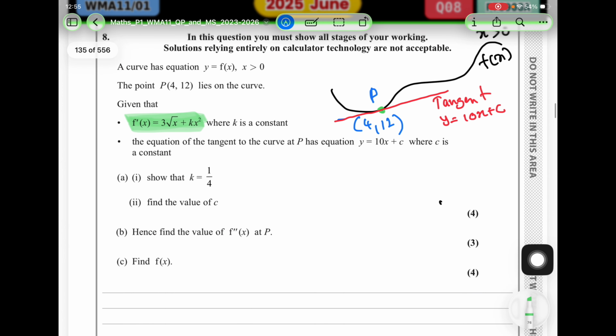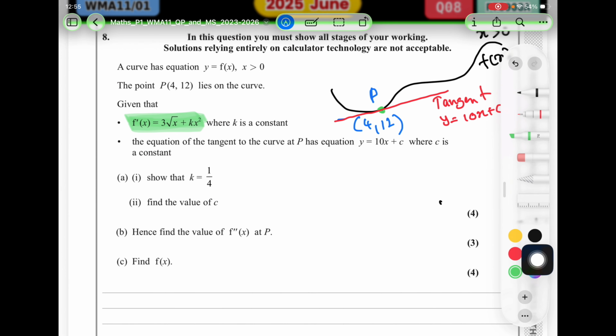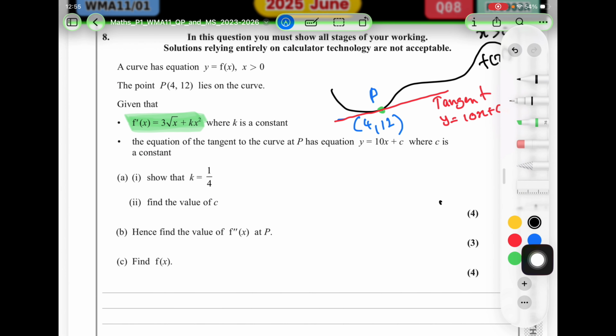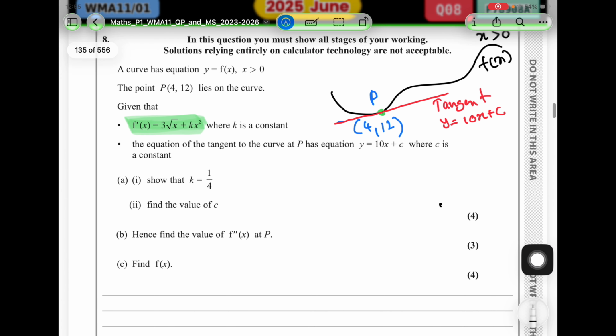The first thing is finding the value of k. So we know f'(x) is going to be 3√x + kx².